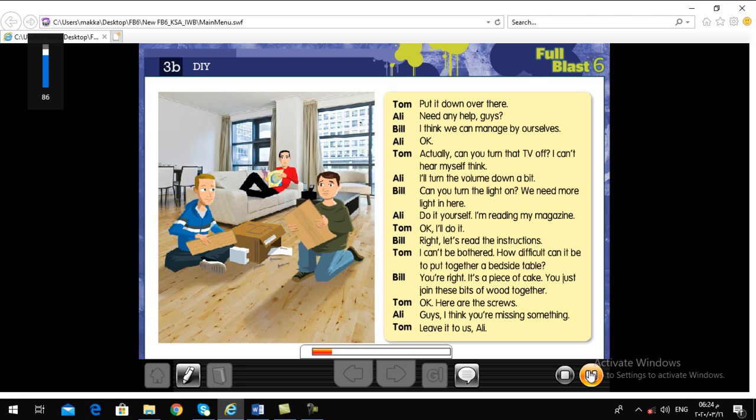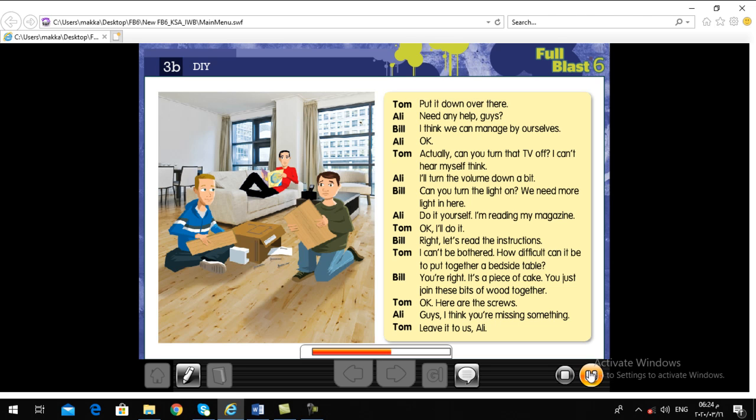Put it down over there. Need any help, guys? I think we can manage by ourselves. Okay. Actually, can you turn that TV off? I can't hear myself think. I'll turn the volume down a bit. Can you turn the light on? We need more light in here. Do it yourself. I'm reading my magazine.